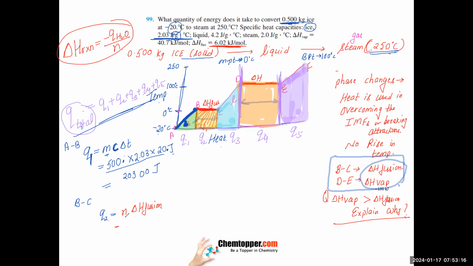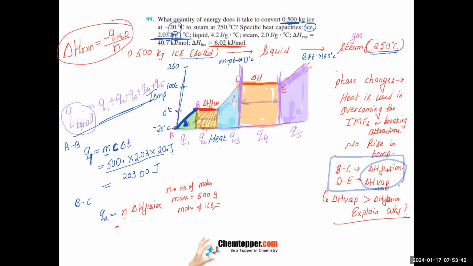So do you know n, children? What is n? n is the number of moles. Mass of the ice is given, 500 grams. So moles of ice. You know the formula of ice?